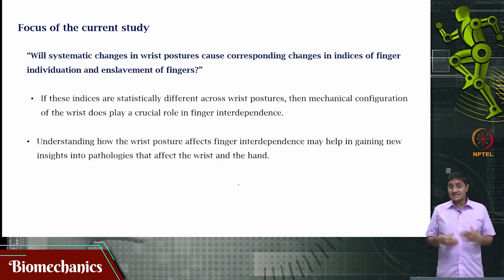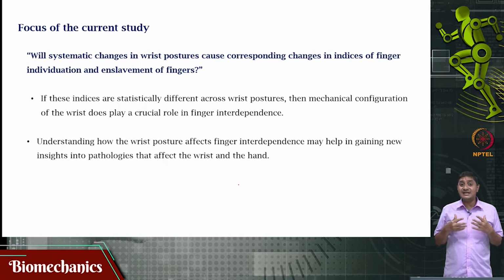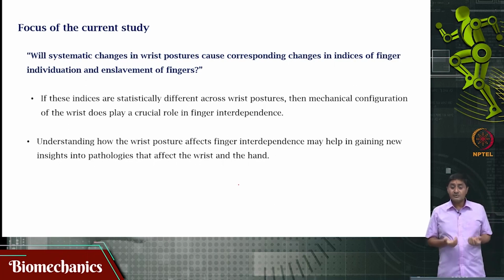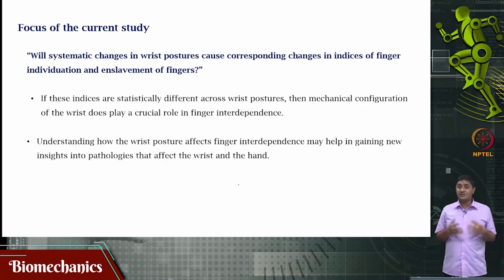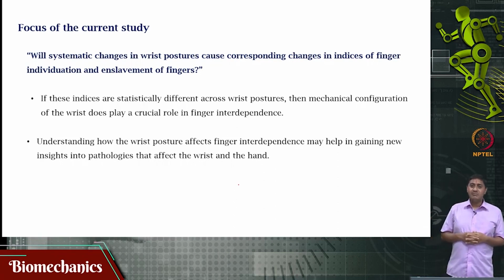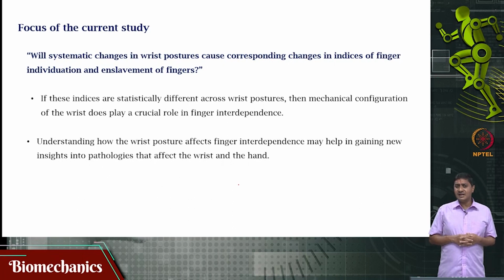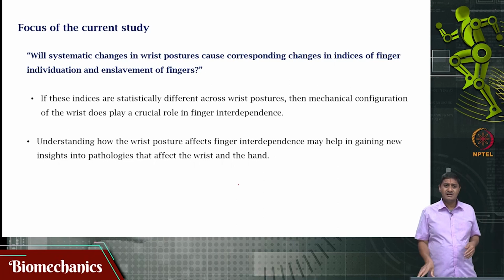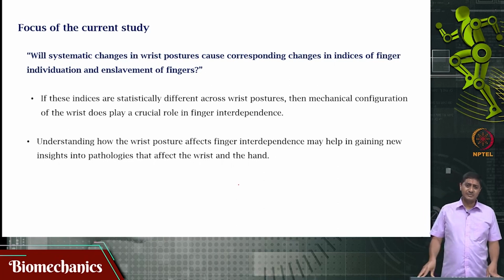Now, if these indices are statistically different between the three postures, that means that mechanical configuration of the wrist does play a role in finger interdependence. Now, suppose these indices are not statistically different, maybe the mechanical configuration of the wrist does not play such a big role in enslavement or finger interdependence or indices of finger interaction.